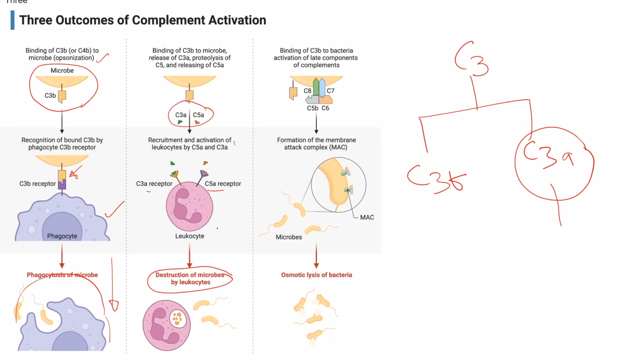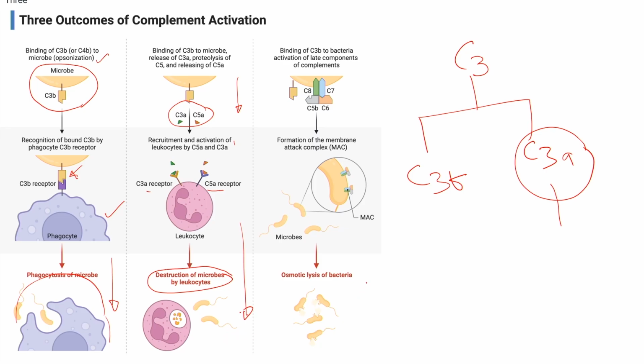Once they bind, the activated leukocyte can kill the pathogens or microbes. So this minor component of the complement cleavage, such as C3a and C5a, can activate the leukocyte through receptor mediated interaction, and once there is an interaction with the receptor, we see destruction of the pathogen by the activated leukocyte.